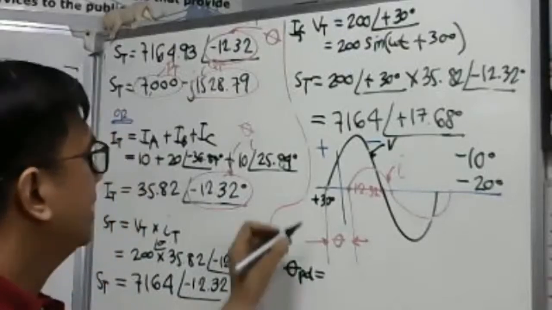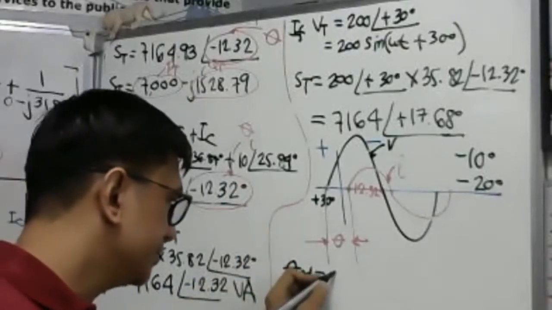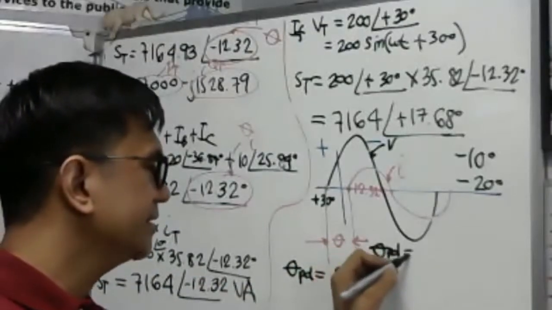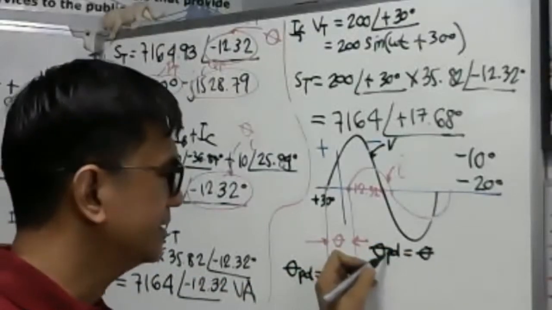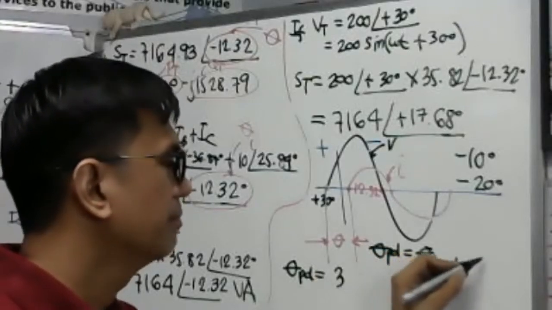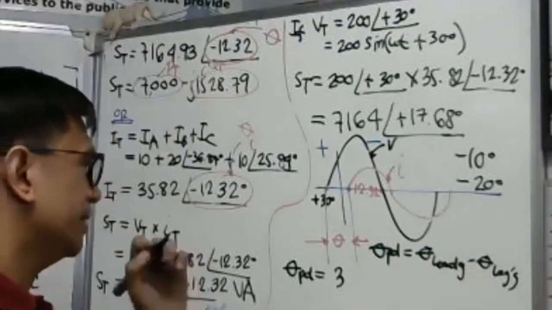Ano yung theta phase difference? 30. Because this is leading by 30 degrees. Sabi natin, theta phase difference, theta leading minus theta lagging, right? So, remember this.